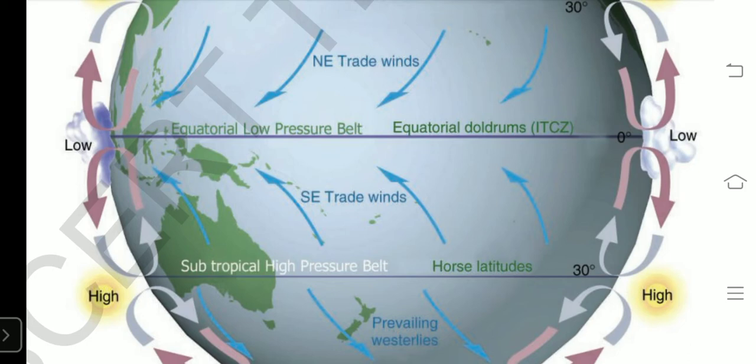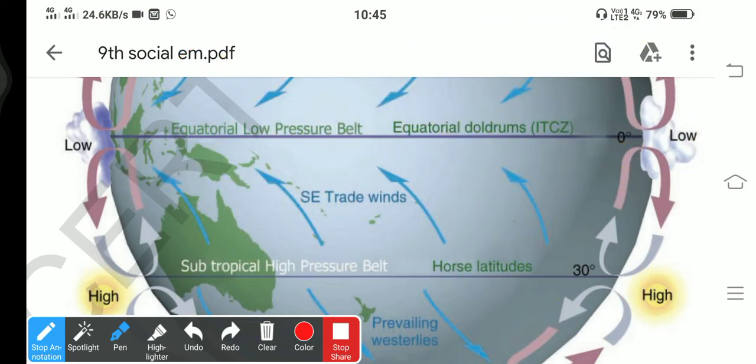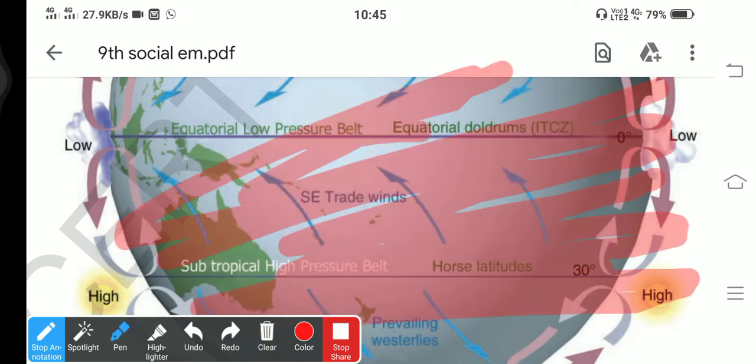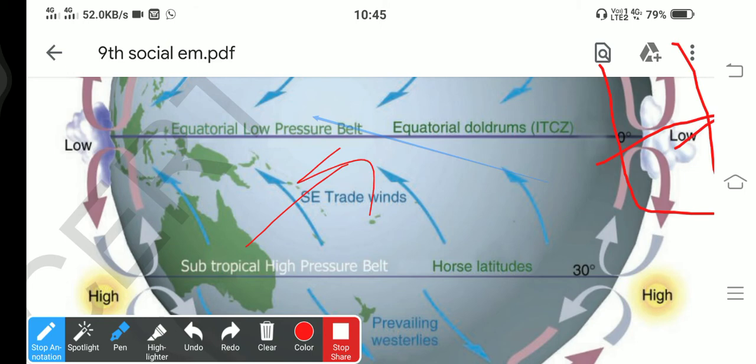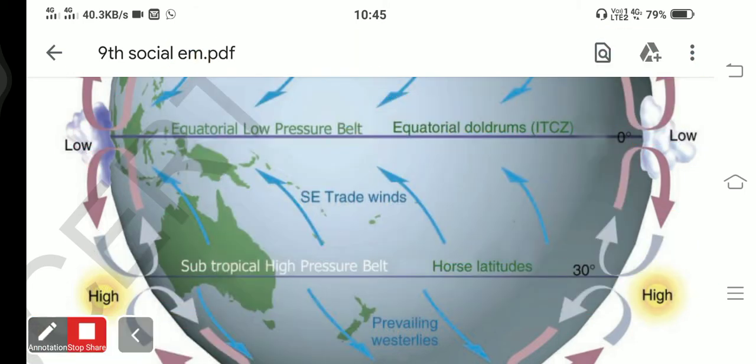by deflecting towards the southwest. Actually, winds blow from the southeast direction, but after crossing the equator, these southeast winds will change their direction to southwest due to the Coriolis effect. Understand?